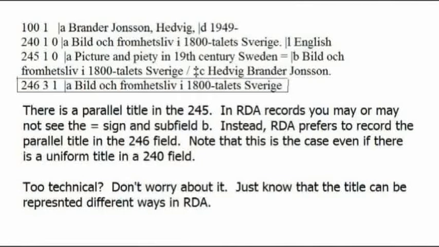Keep in mind that RDA stands for Resource Description and Access, and the key goals of RDA are to create descriptions that are clearer and more meaningful for users, while increasing the accessibility of resources by making them more discoverable. This is why we often find fields which appear redundant in RDA records. While they appear redundant in this case, the 240 and 246 fields are performing a slightly different function.